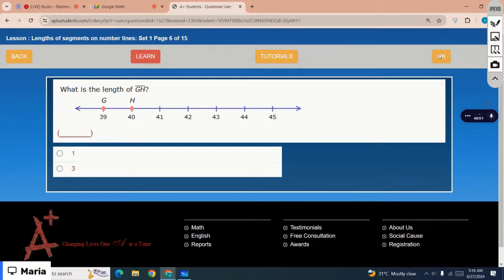What is the length of GH? The length of the line is 1.